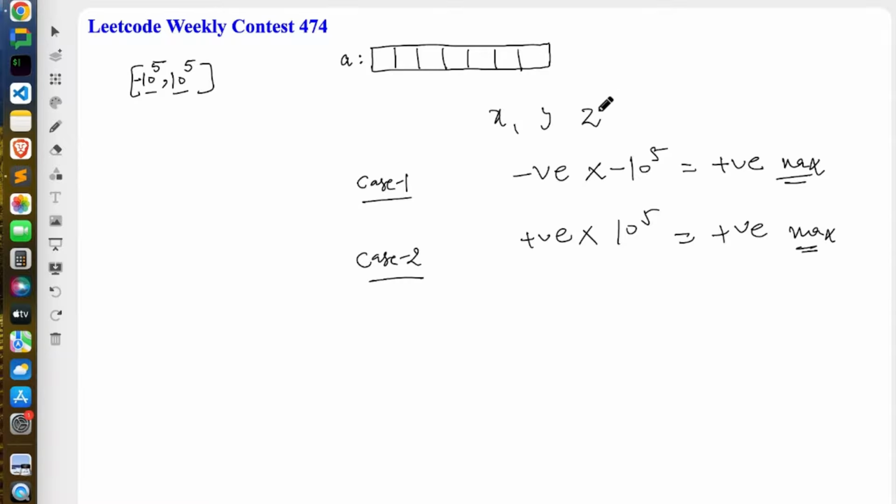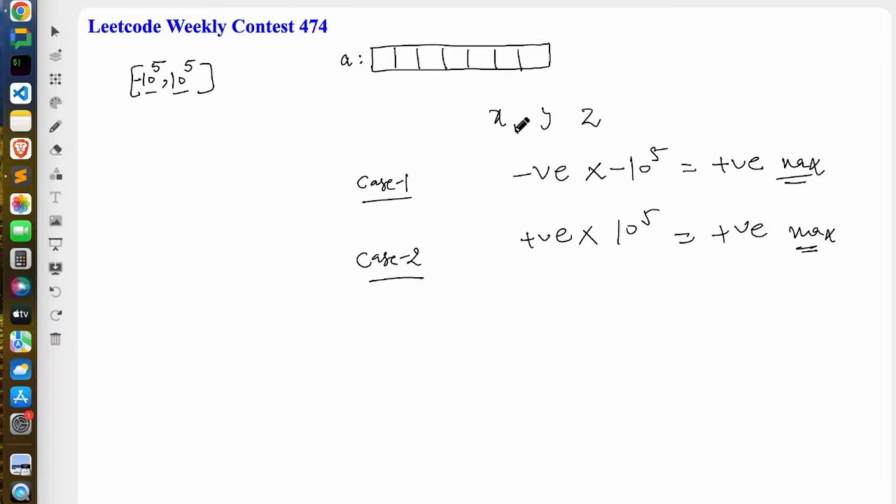If the product of the two unreplaced numbers is positive, then we can multiply with 10 to the power 5. So again your number becomes positive. So we don't have any dependency on whether the multiplication of the two unreplaced numbers is positive or negative. It could be either.